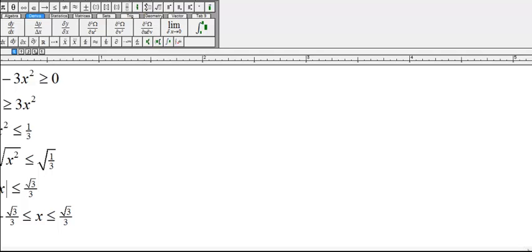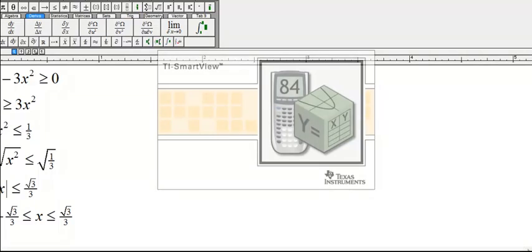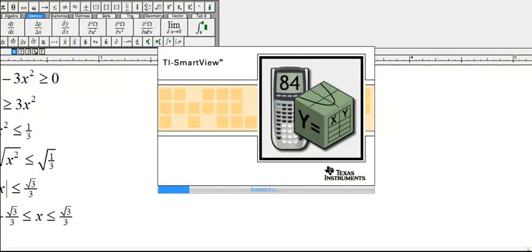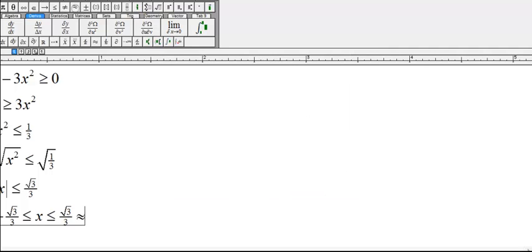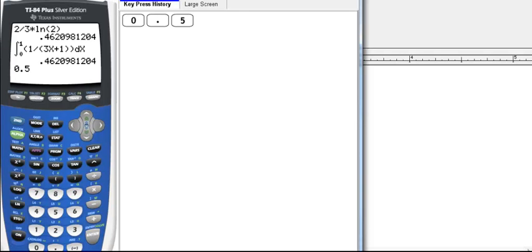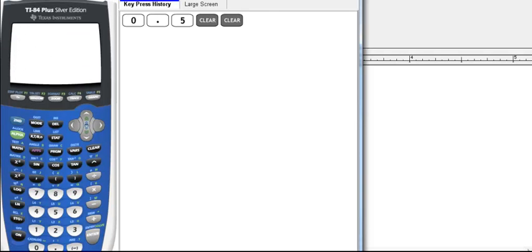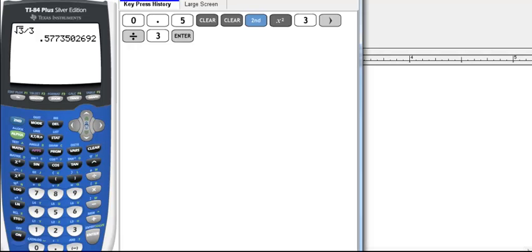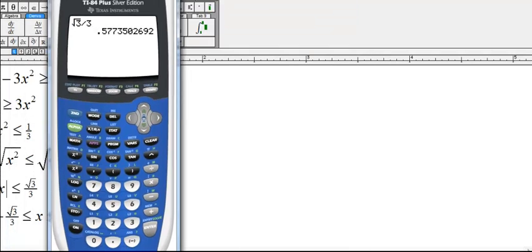Okay, so the square root of 3 and then divide by 3, that's approximately 0.5 here. Square root 3 and then divide by 3. There we go.